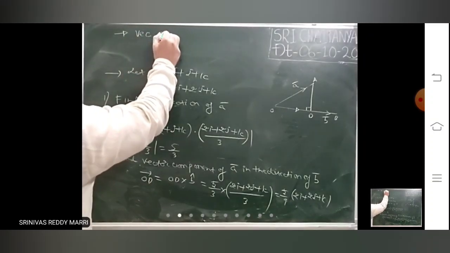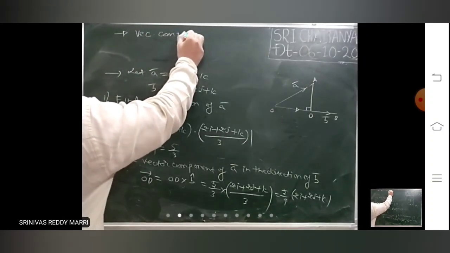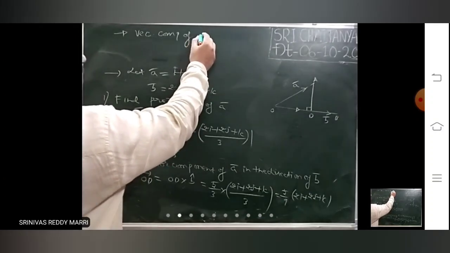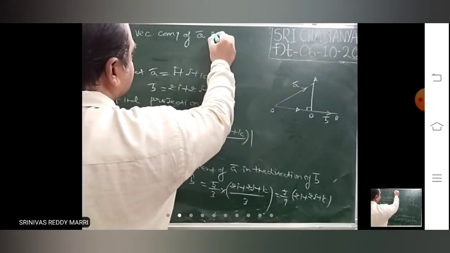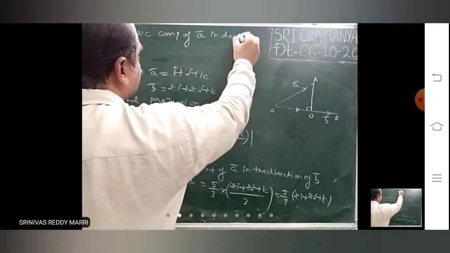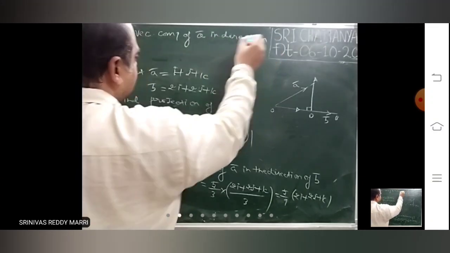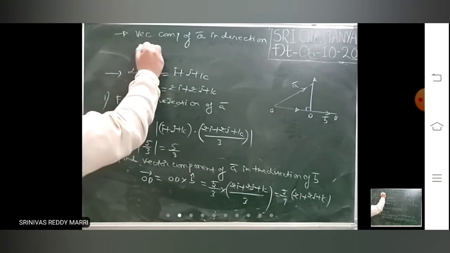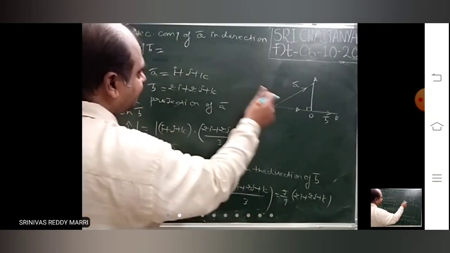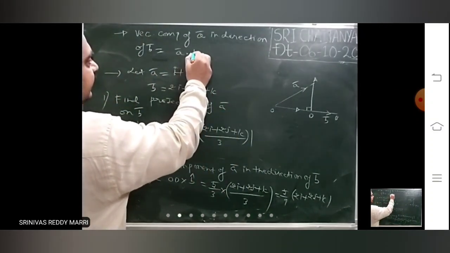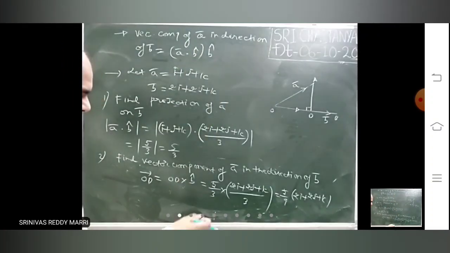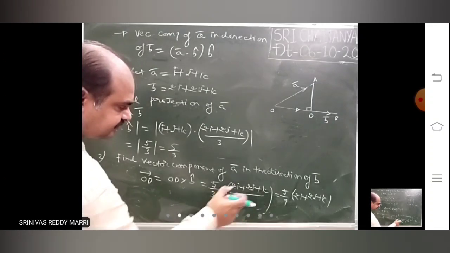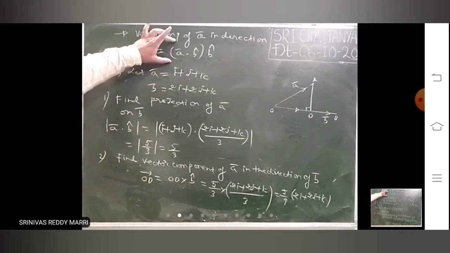For this only a vector component of A bar in direction of B bar is nothing but this OD length is there, A dot B cap into unit vector. That only we have written 5 by 3 into this is B cap. So this is the formula.